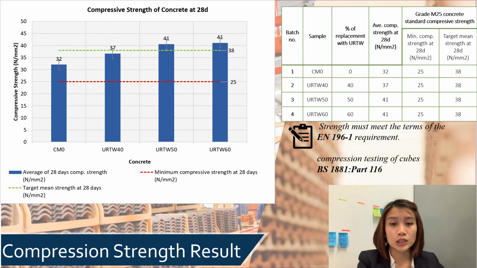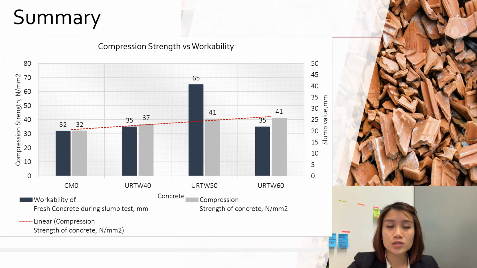By referring to the data analysis, all of the concrete passed the minimum strength at 28 days. We can also see that the compressive strength is increasing with the increased percentage of replacement for URTW.